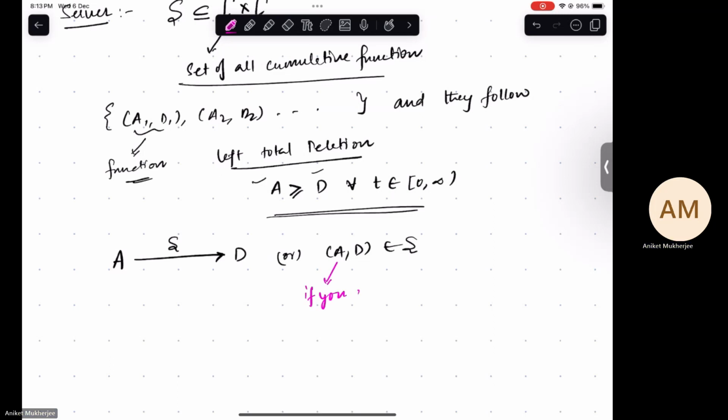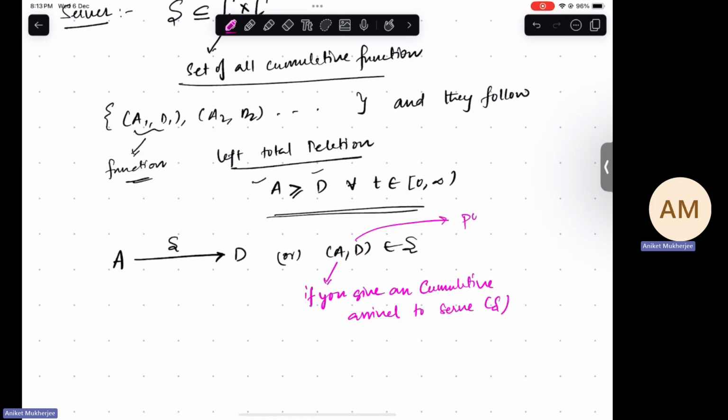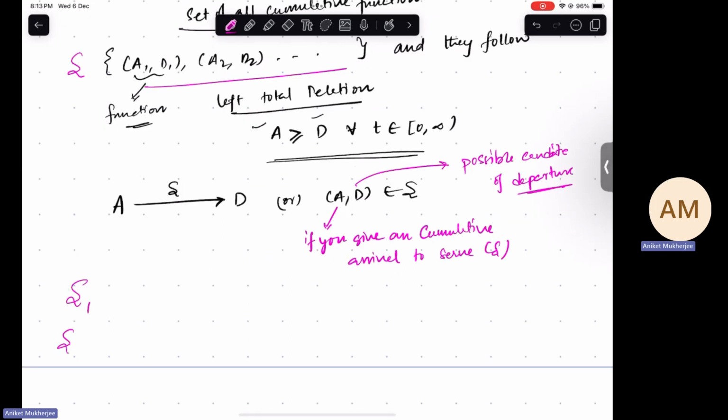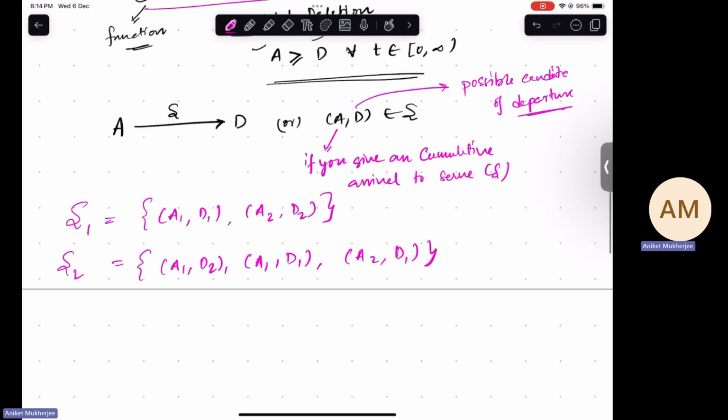If you give a cumulative arrival to server S, then a D is a possible candidate of departure if this pair is in the set S. So suppose you have S1 and S2, with pairs A1, D1, A2, D2 and so on.